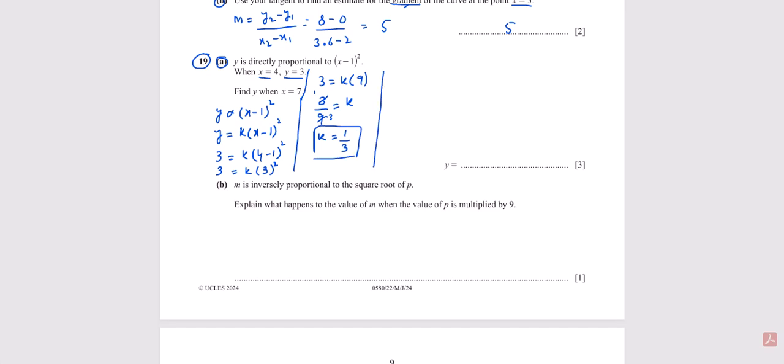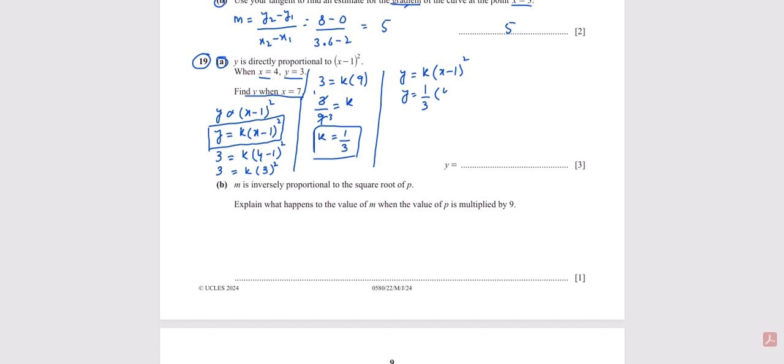And now find y when x is equal to 7. So we use this equation. Y is equal to k into x minus 1 square. K is 1 by 3 and x is 7.